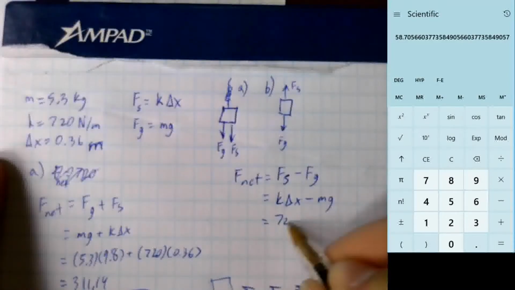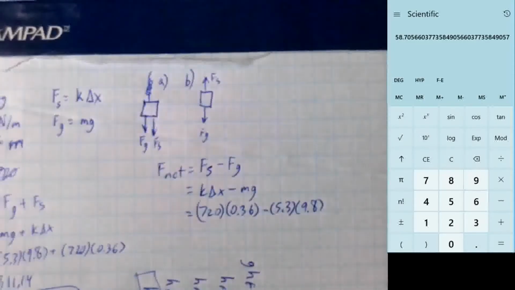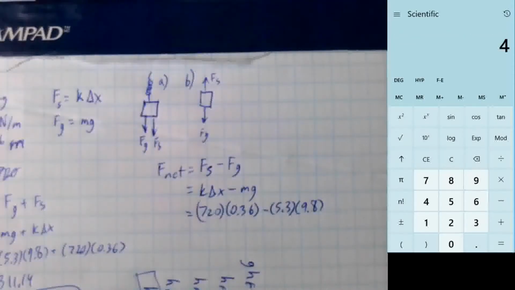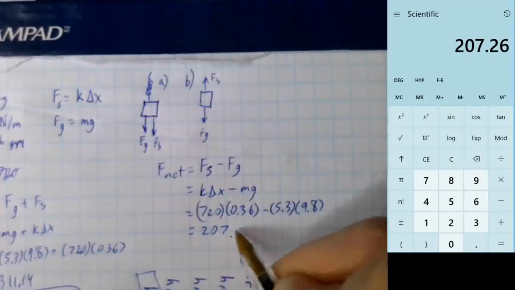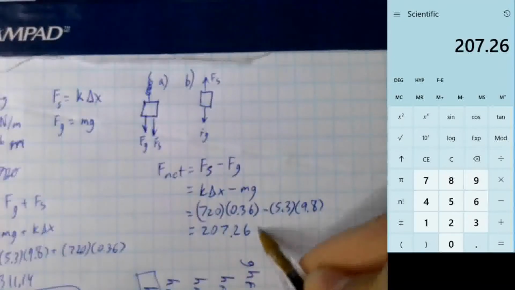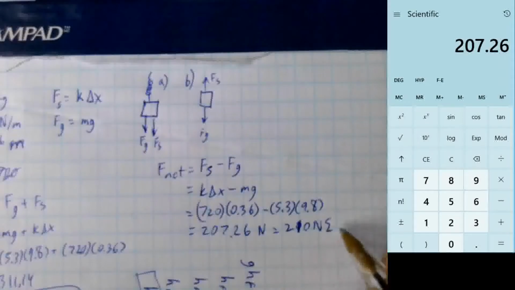So this is 720 times 0.36 minus 5.3 times 9.8. This is 207.26 newtons, and I report the answer as 210 newtons up.